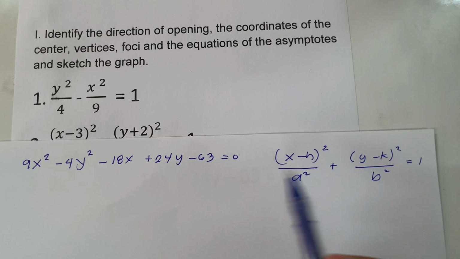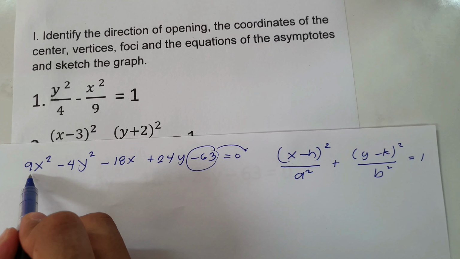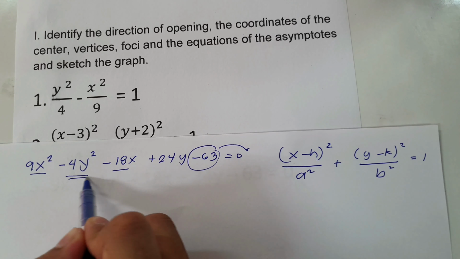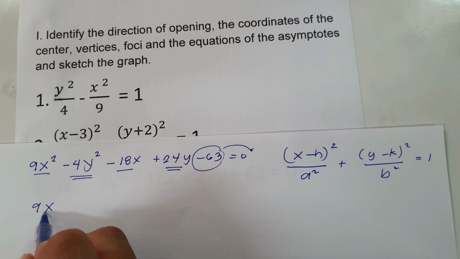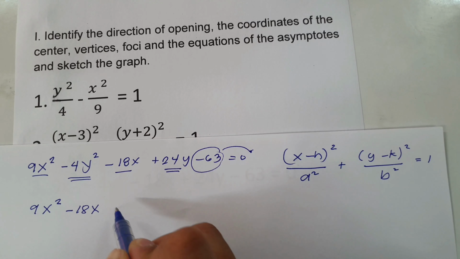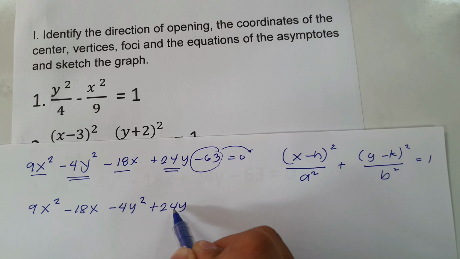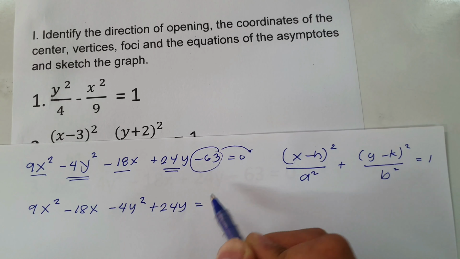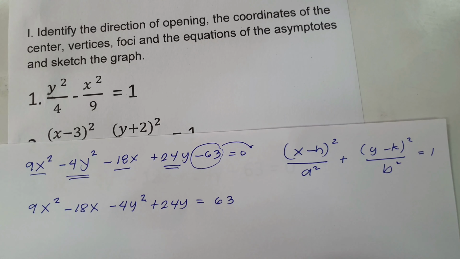To do that, we're going to move negative 63 to the side of 0 and group the x and y terms. Now, we have 9x squared minus 18x minus 4y squared plus 24y equals negative 63. It became positive 63.